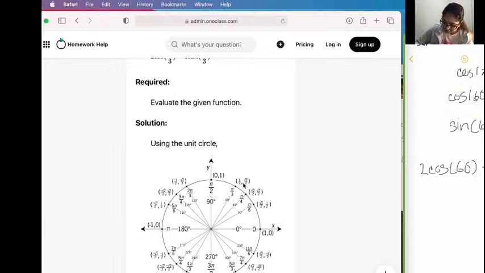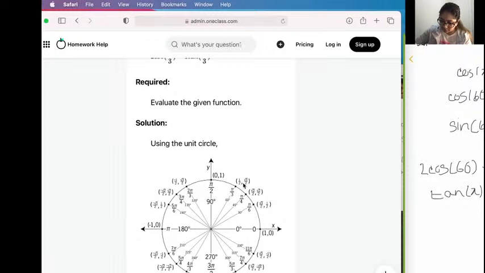To find tan, we know that tan of x is equal to sine x over cos x.